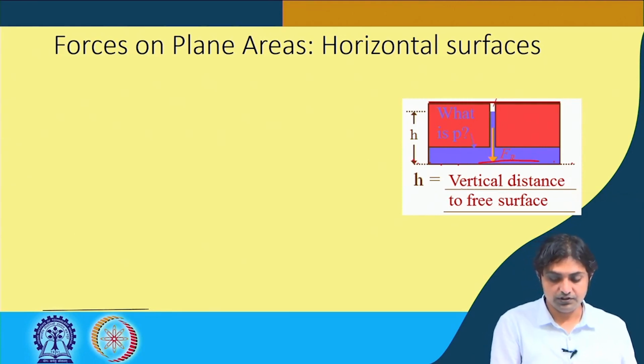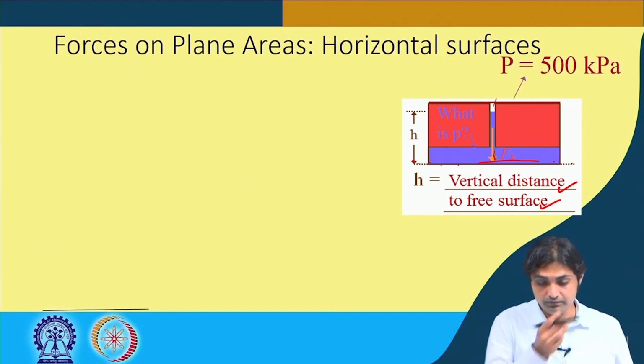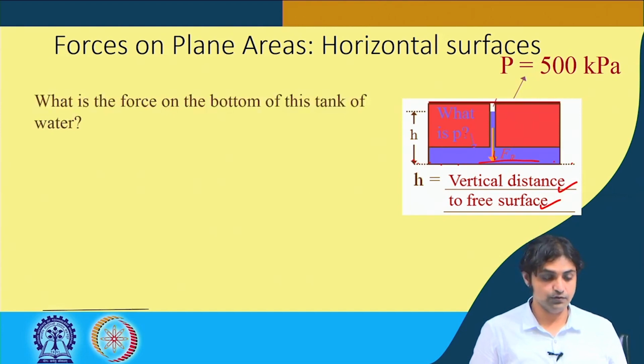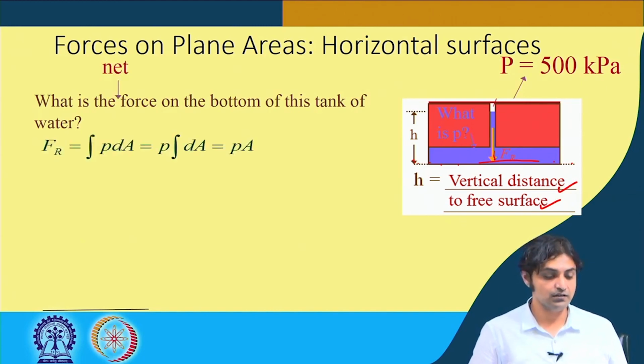This h is the vertical distance to the free surface, and this is the pressure P here, and what is the resultant force at the bottom. And P we are assuming 500 kilopascals here. So, what is the force on the bottom of this tank of water? Actually, what is the net force on the bottom of this tank?